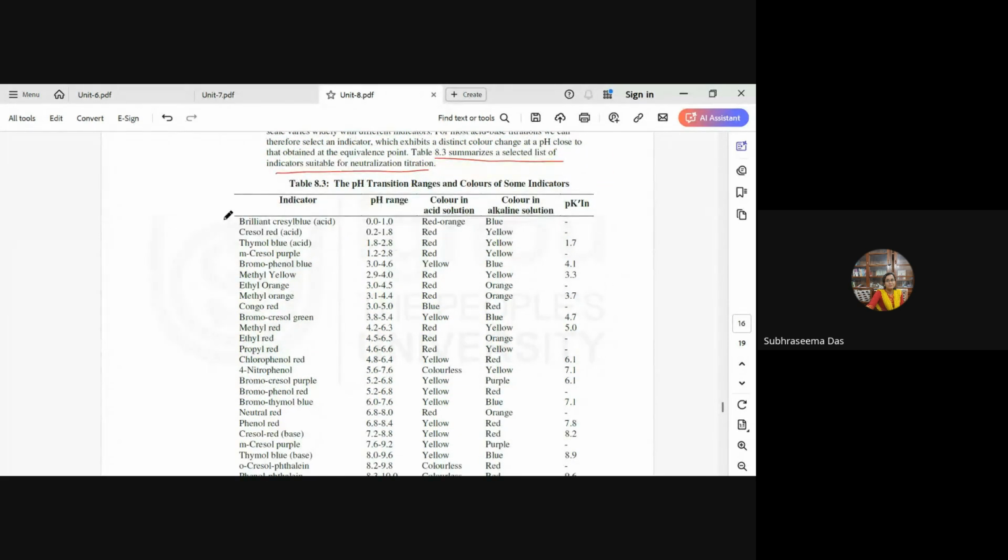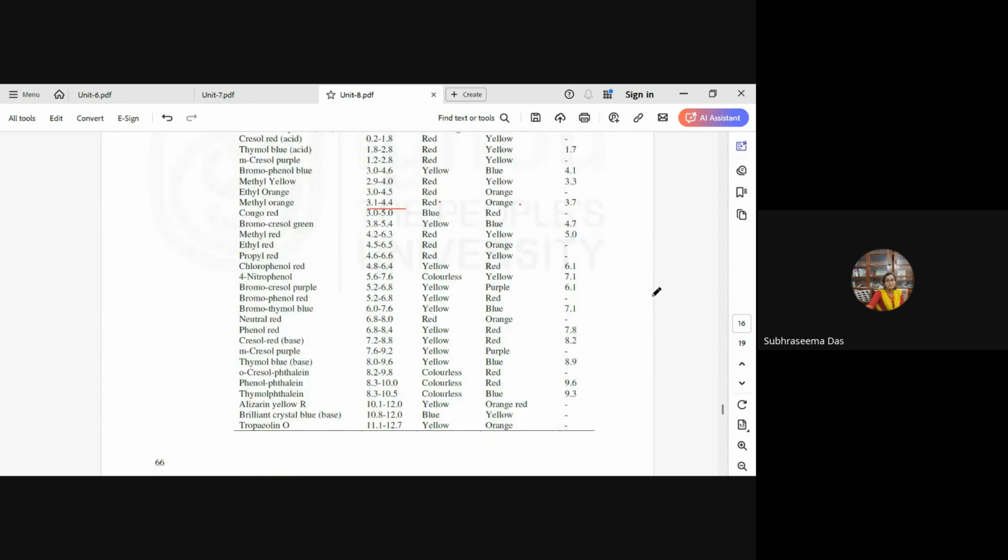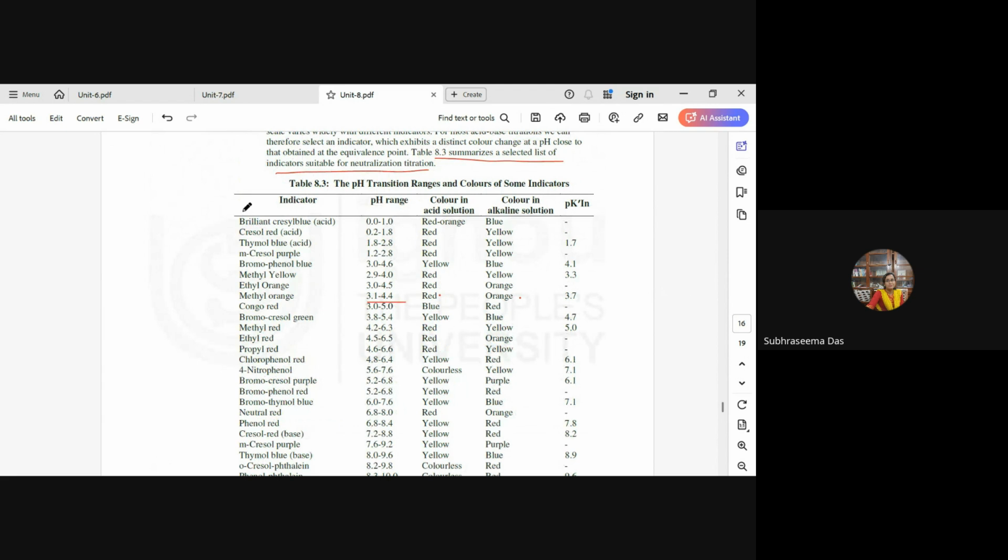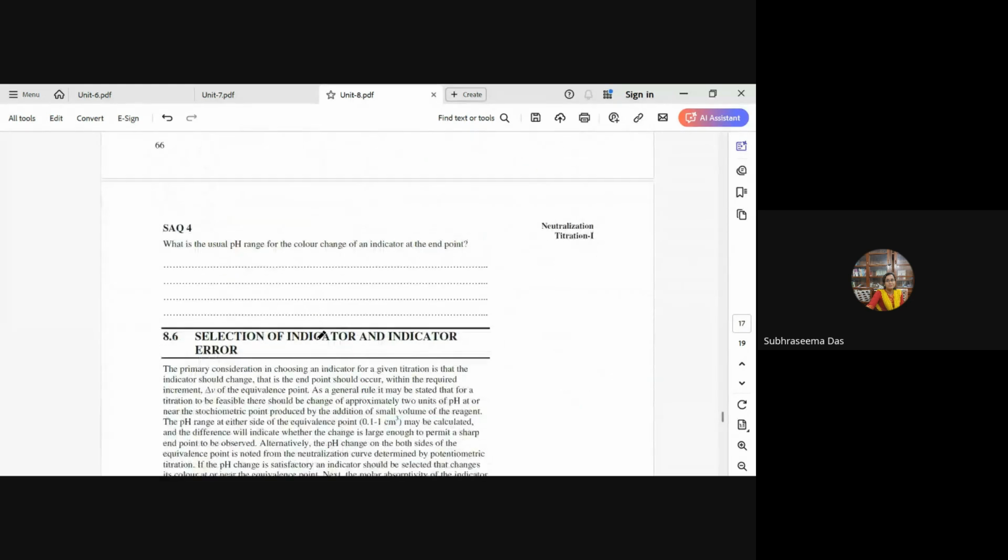Brilliant cresyl blue has a pH range of 0 to 1; in acid solution it is red orange, and in alkaline solution it is blue. Suppose we have methyl orange: the pH range is 3 to 4.4, in acid solution it is red, and in alkaline solution it is orange. So some of the transition ranges and colors of certain indicators have been shown.